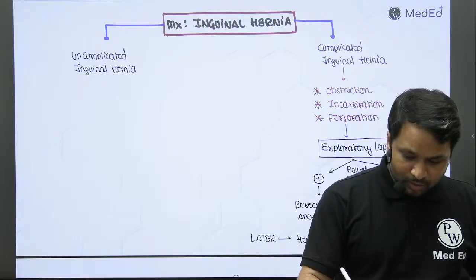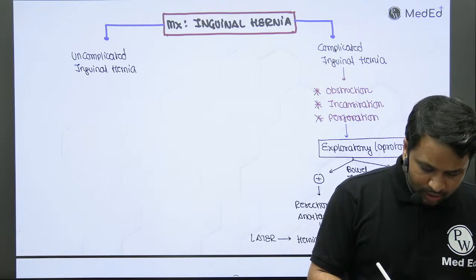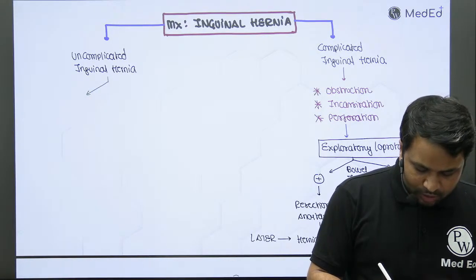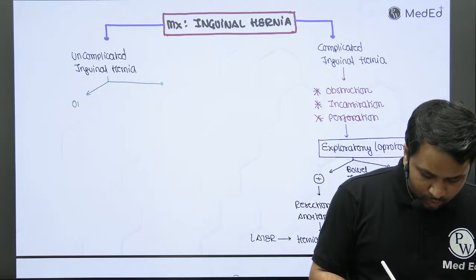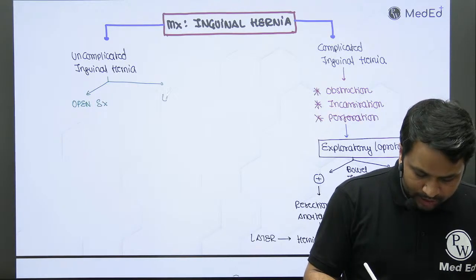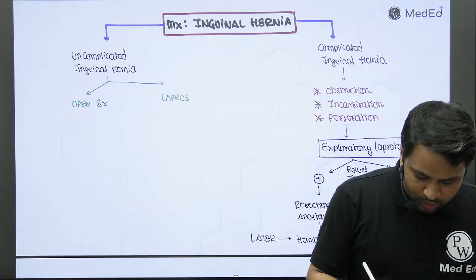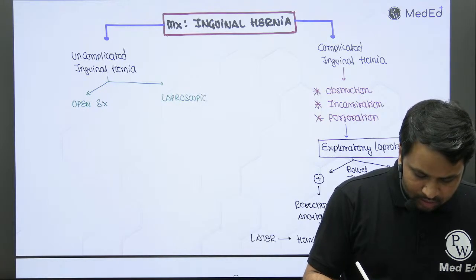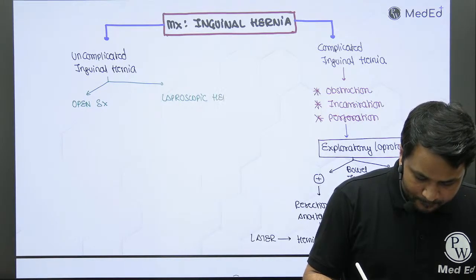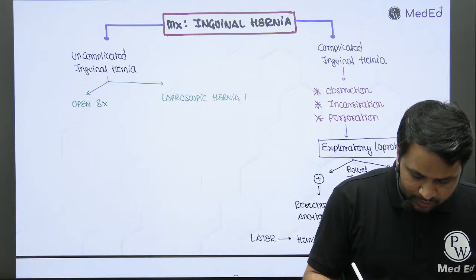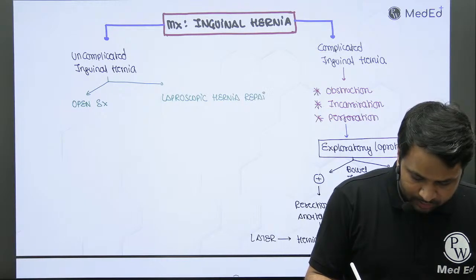If it is an uncomplicated inguinal hernia, then you have two options. Either you go ahead with open surgery, or you go ahead with laparoscopic hernia repair.